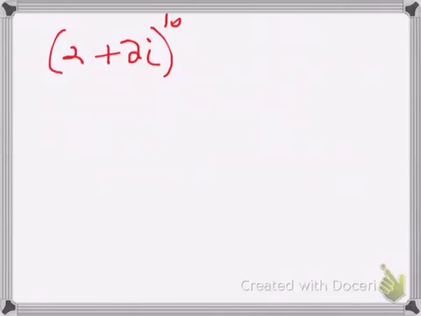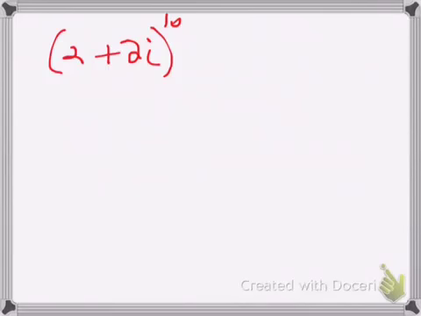How would we normally do this? How would you expand this? Remember back to college algebra how we expanded things to high powers? We used Pascal's triangle to find the multipliers for our binomial expansion.